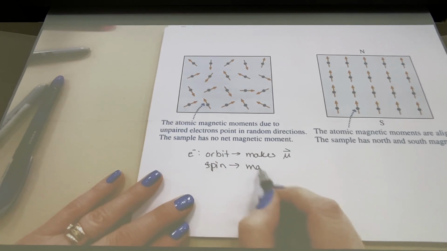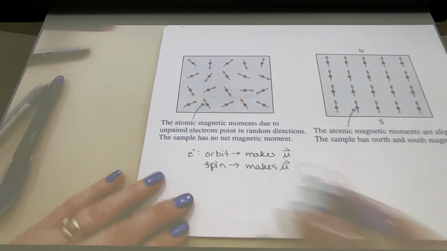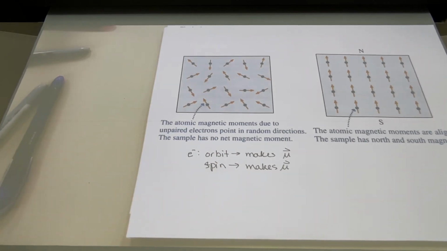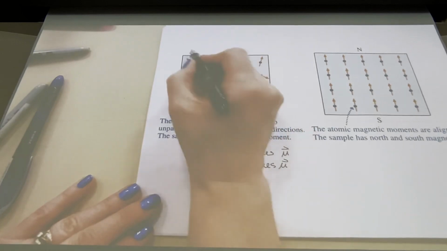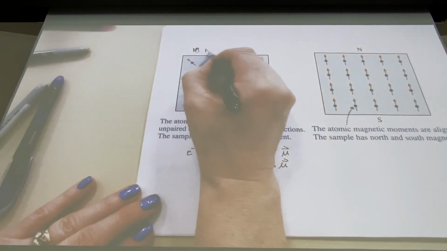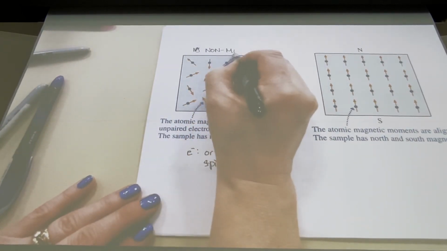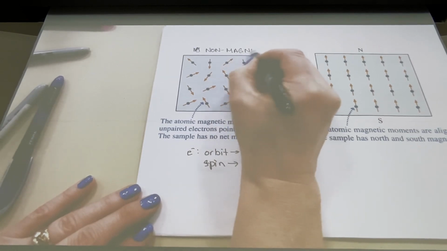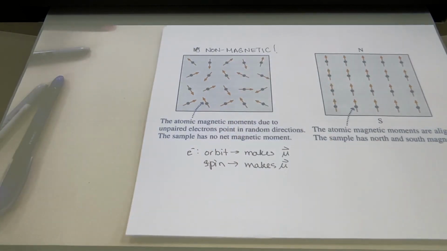That makes another moment, which is actually called spin. In most materials, all of those things are random, so they don't all line up. In most materials, non-magnetic materials, they're all random and it all cancels and it's not a magnet.